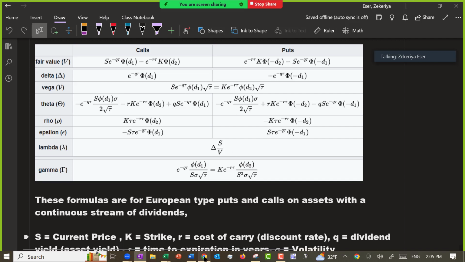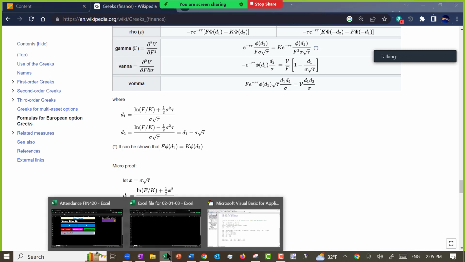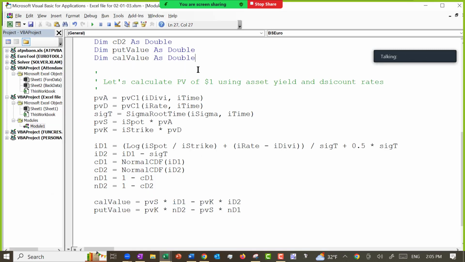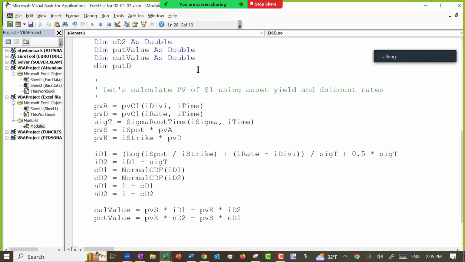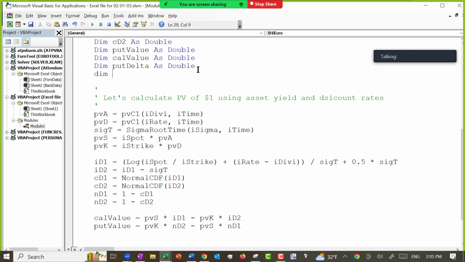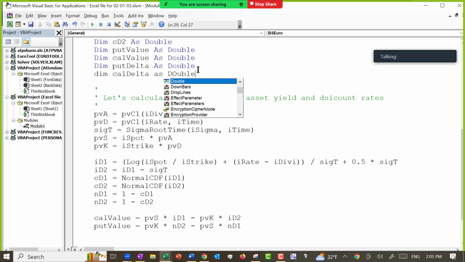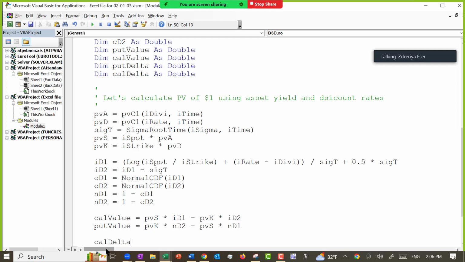Let's get the deltas. I don't think we'll be able to finish the whole thing today, but we'll do all the commenting next time.